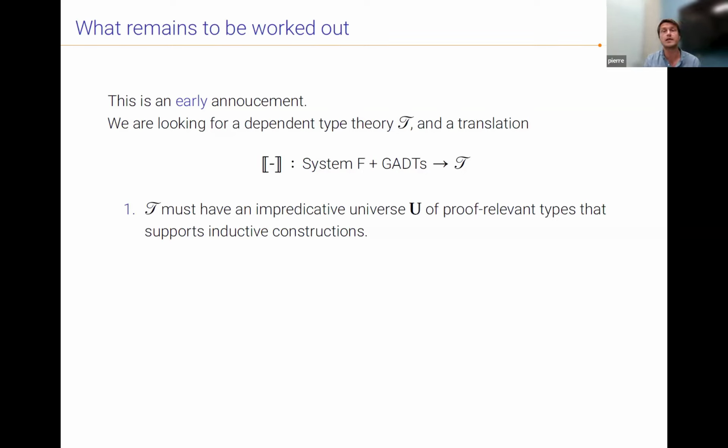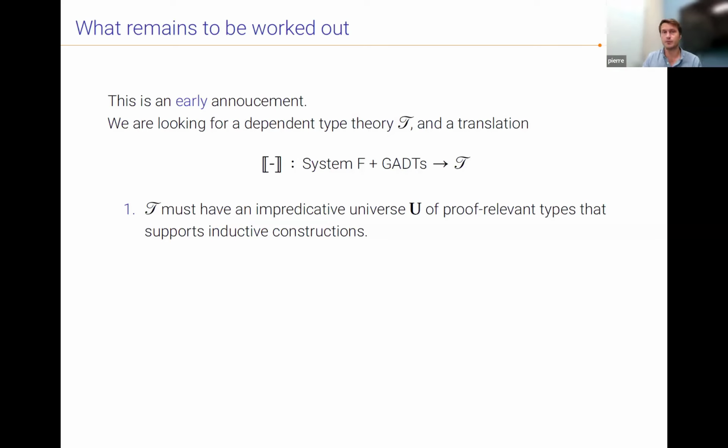If we translate that into a dependent type theory with predicative universes and levels of universes, then we will end up with an interpretation of GADTs which behaves radically differently from their behavior in system F. So we want to have a translation which is honest enough, and so we need to have an impredicative universe for our dependent type theory.